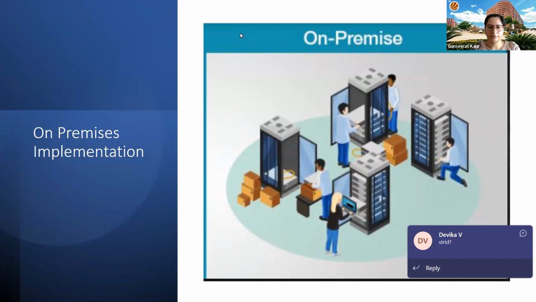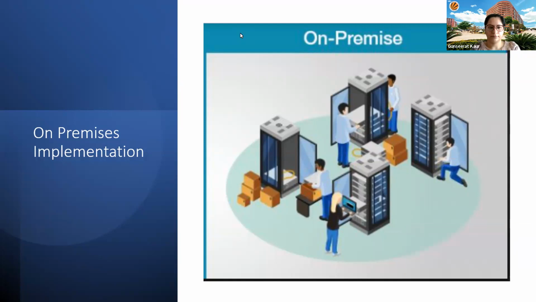Then you have to set up your infrastructure. Then you have to buy the laptops or the computers. Then you need to install the operating system, which enables you to interact with your computer. Then you install the software that is needed in order to create your application. Then you start creating the applications.